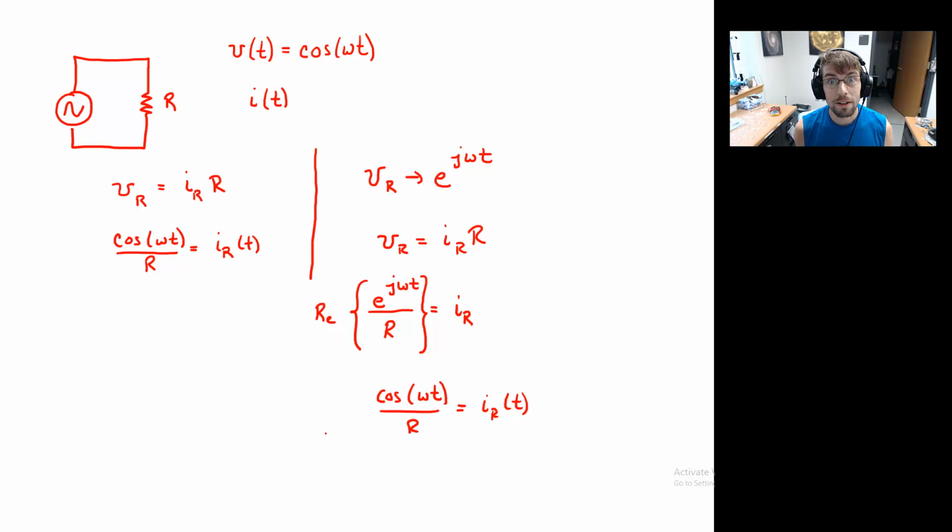Let's try something a little different then. You ready for it? And here's where some of the cool surprises come in. So let's go ahead and do the same idea. We'll do a time-varying potential. And now, why don't we go ahead and hook this sucker up to a capacitor.